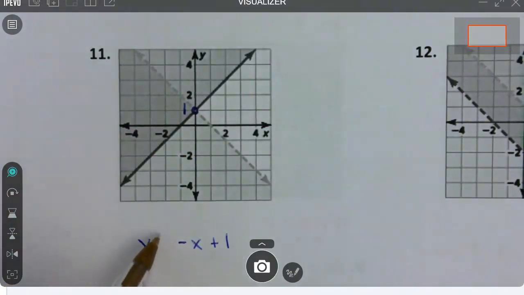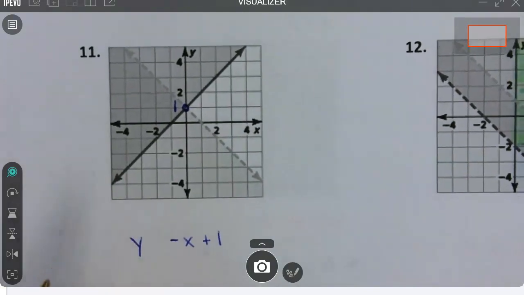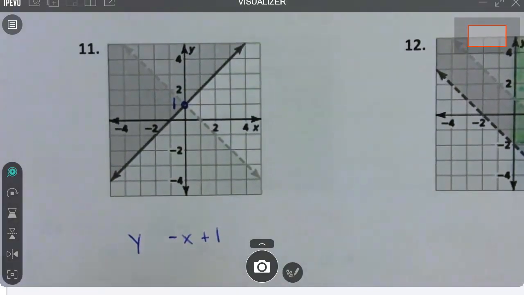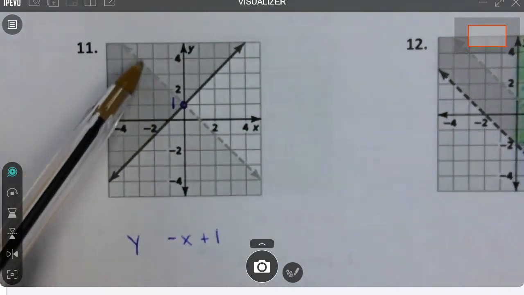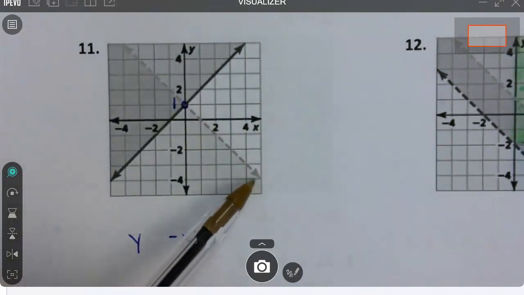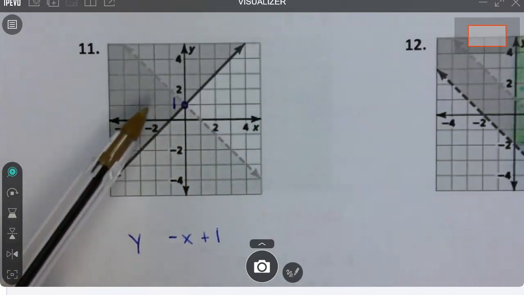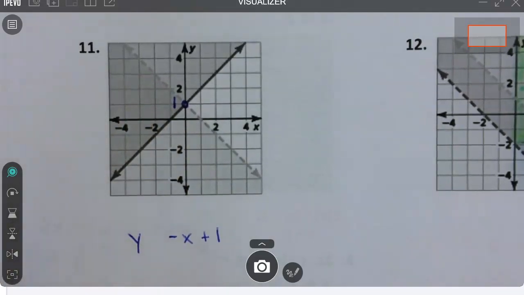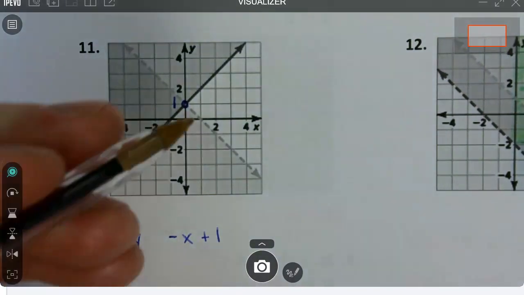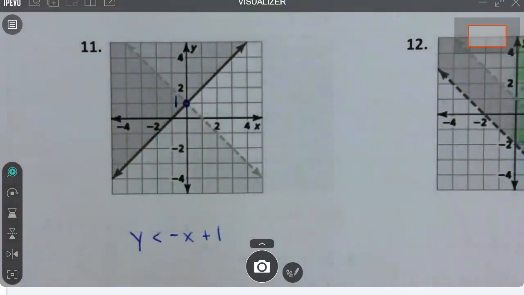The question is, what is my inequality symbol? Well, I know it's dashed, so it's either less than or greater than. When I look at this dashed line, everything below it is shaded. Think below, less than, below, less than, below, less than. So I would do that.